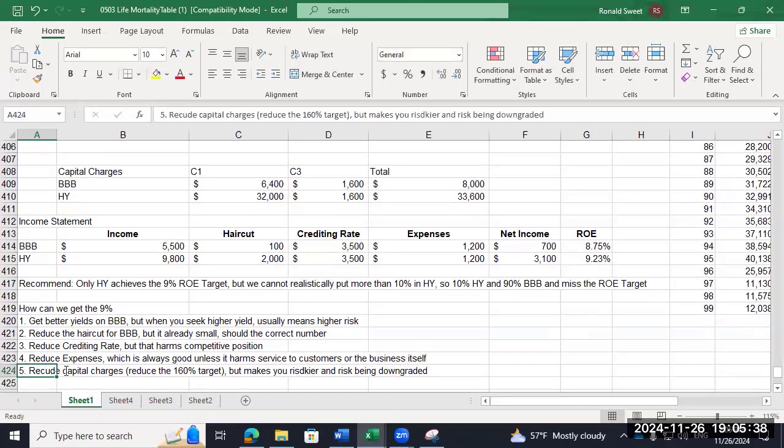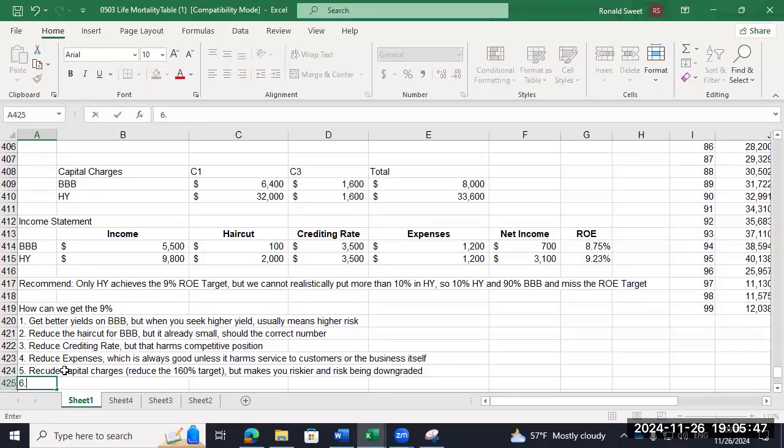If you need a 160% target and you shift to 150 or 140, you can be downgraded. And then the last thing you can do is reduce your ROE target. But if investors need 9%, you will pay for this in your stock price.